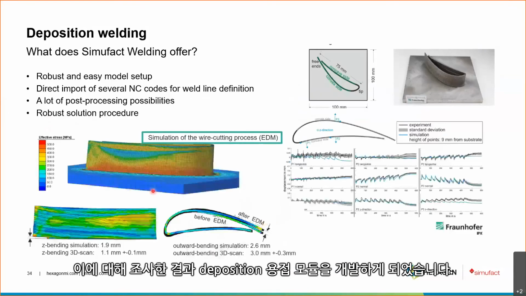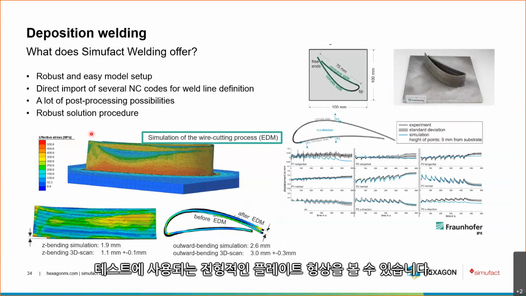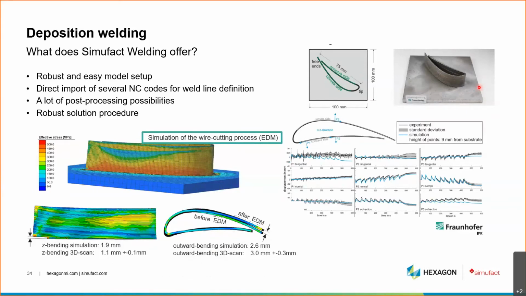And we have done some research work on it and came out at the end with a deposition welding module. So what we see here is this typical blade geometry used for some testing and investigations.